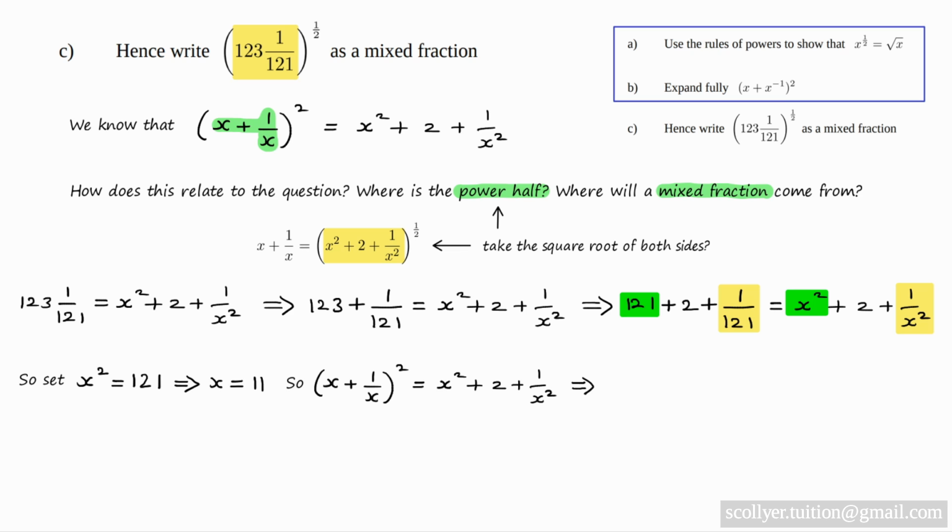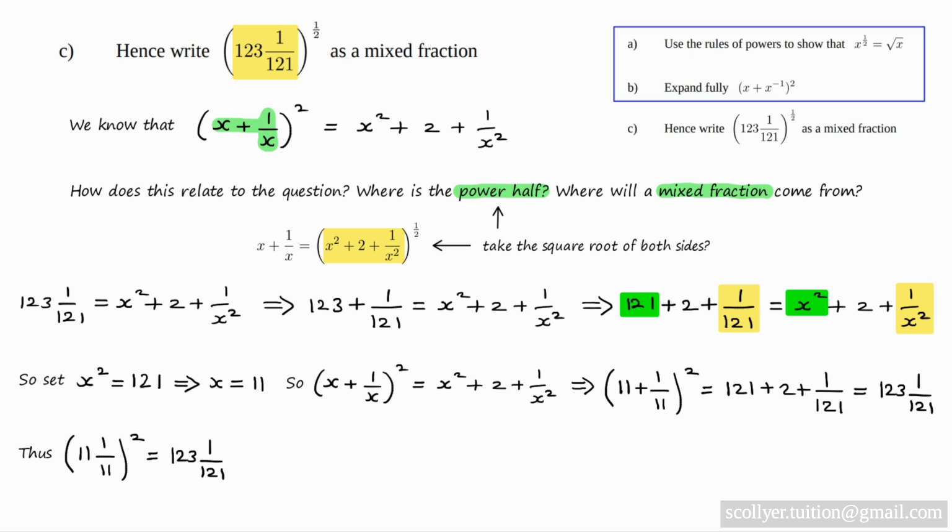And now we substitute x equals 11 into the original expression to give 11 plus 1 over 11 all squared equals 121 plus 2 plus 1 over 121, which equals 123 and 1 over 121.